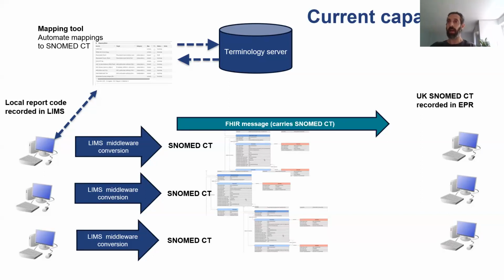Firstly, if you go back to the lab's middleware and you do the mapping and create static maps, export them and implement them, we've got the first challenge of the one-to-many thing that I was talking about before, and it's not a static one-to-many choice all the time. For example, in the blood sciences area, sometimes a test reported from an analyzer is in serum or plasma, and it's calibrated to mean that it's in serum or plasma, and so the result is comparable.